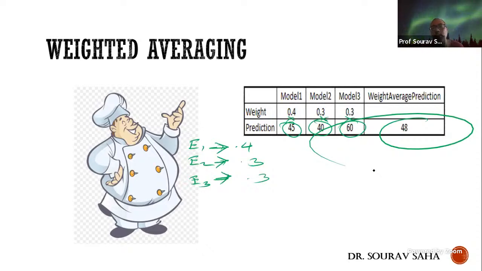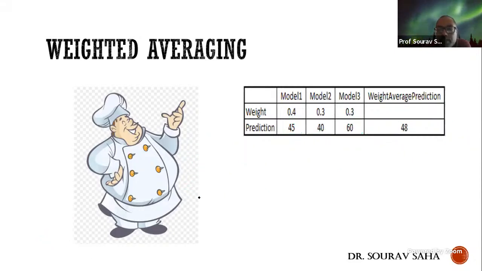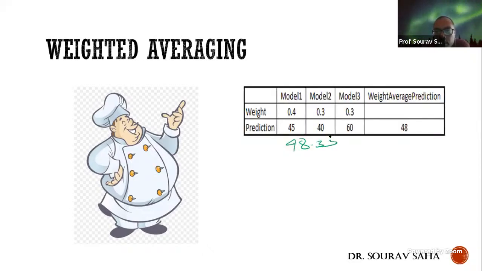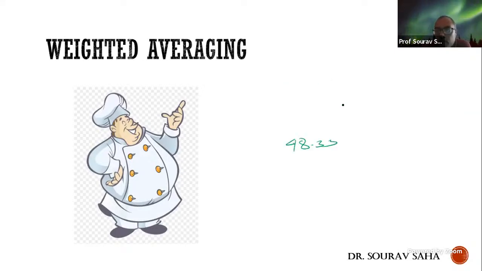My question is, what would have been the answer for simple averaging in this particular case? 60 plus 40 is 100, plus 45 is 145. 145 divided by 3 is about 48. Earlier it was 65, which would give you 50.